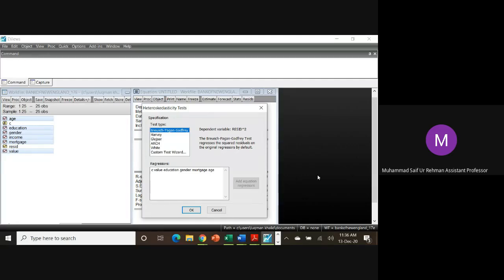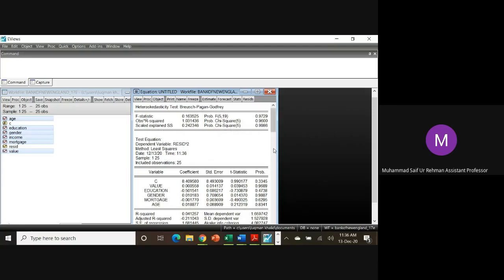If you are interested in finding out the results for the Breusch-Pagan-Godfrey test, you will press this. It is automatically clicked. So if you click here, you will have the results. In this case, you have to take into account this observed R square, and against this, you see the probability value is 0.96.